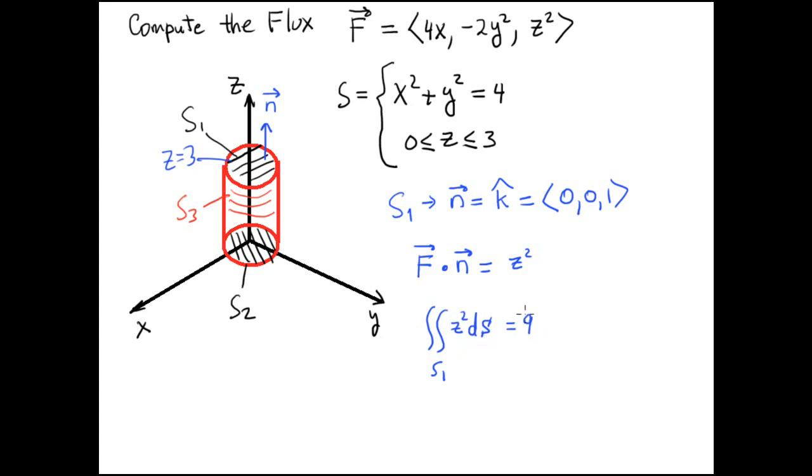The area of the circle with radius 2. So 9 pi multiplied by 2 squared, therefore 36 pi. This is the flux in the first surface.